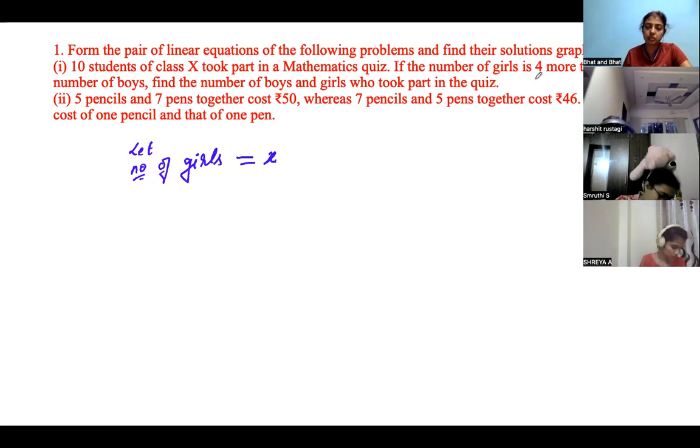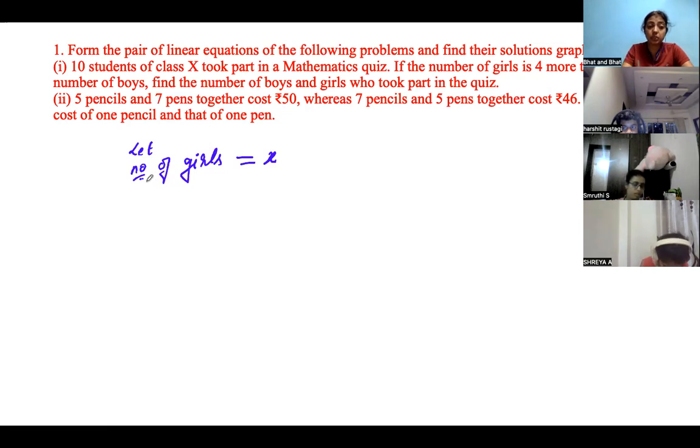Then according to the question, if the number of girls is x, then what should be the number of boys? Okay. x plus y equal to 10.